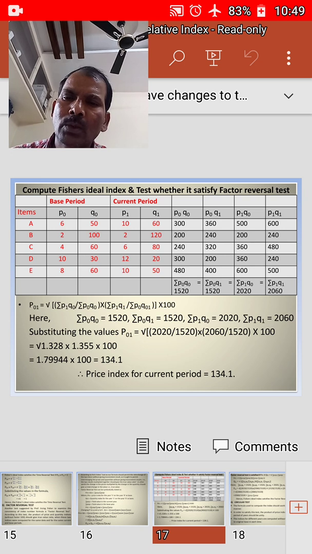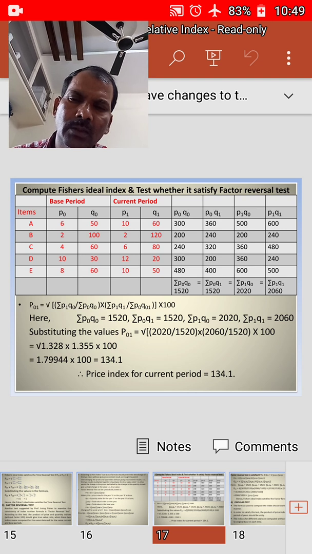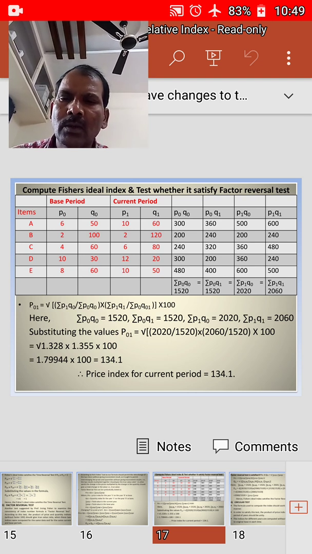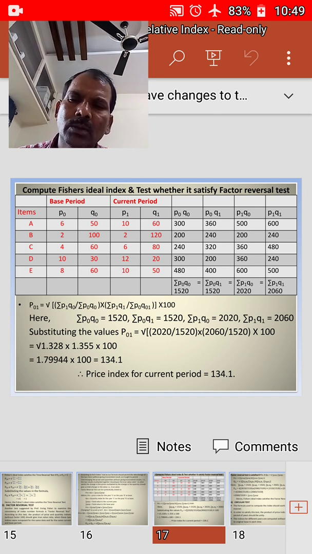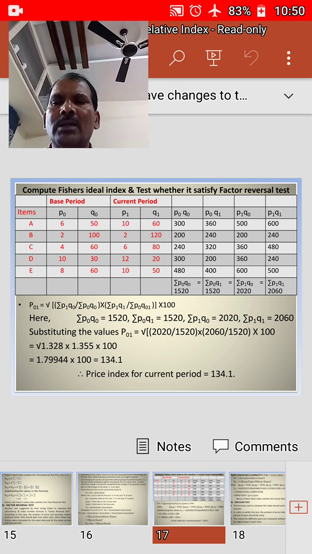Now under root 2060 by 1520 into 2060 by 1520, you will have 2060 by 1520 whole square under root, which is equal to, the square gets cancelled, 2060 by 1520, which is equal to sigma P1 Q1 by sigma P0 Q0. Hence Fisher's ideal index satisfies the factor reversal test.